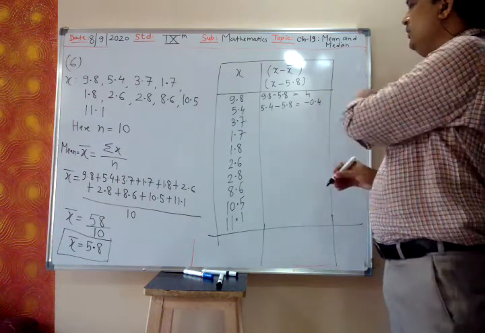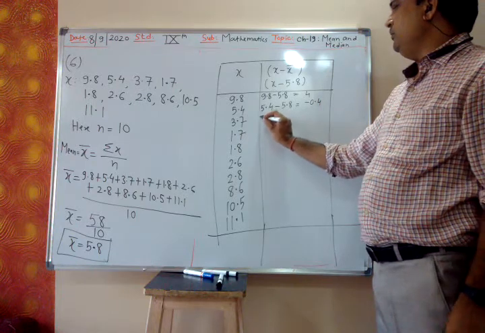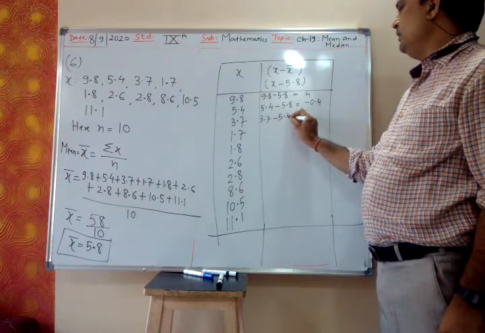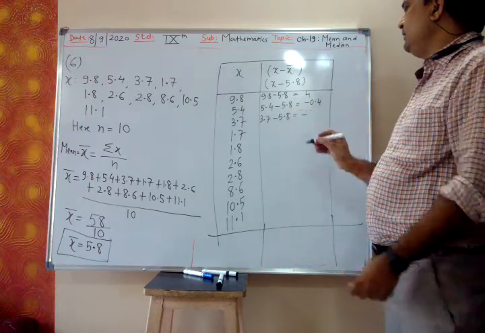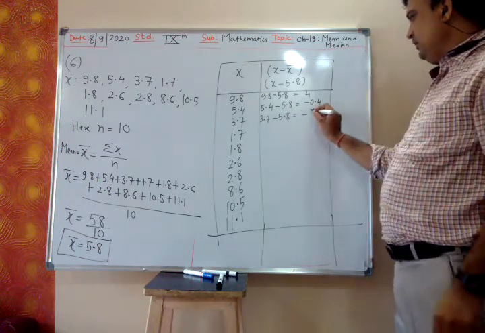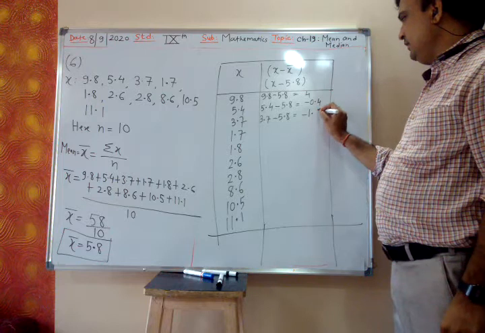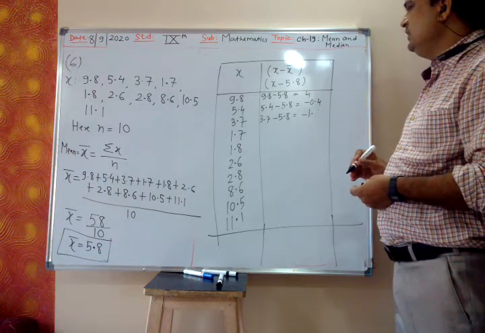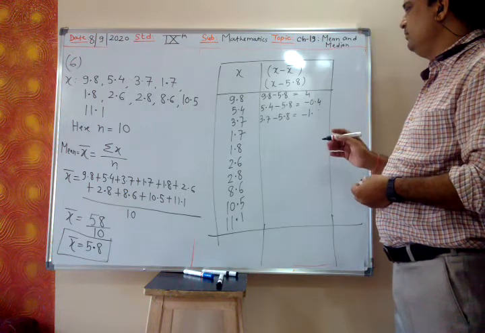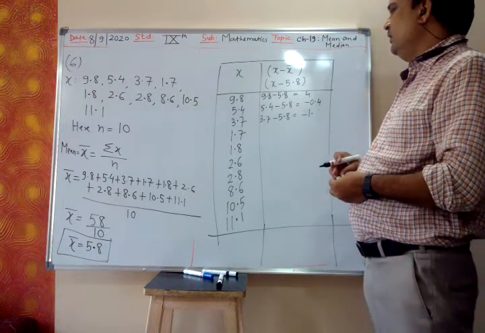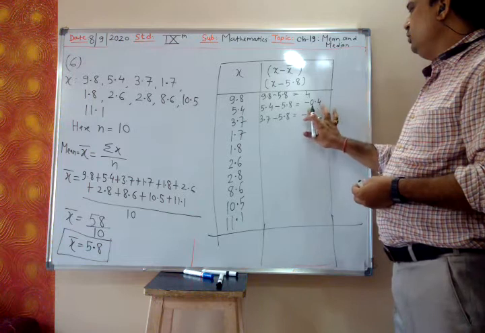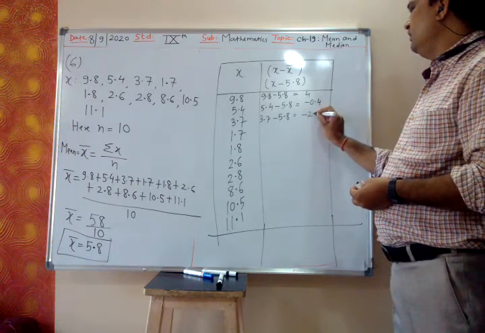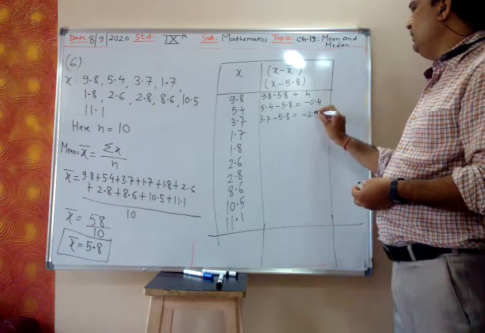The next value of x, 3.7 minus 5.8, the answer will be minus 2.1.